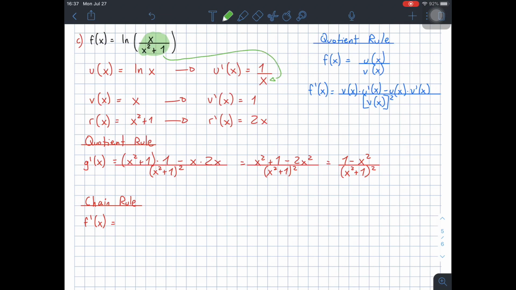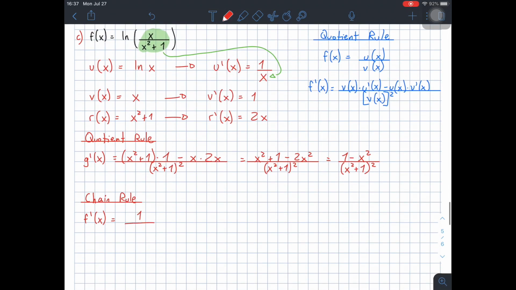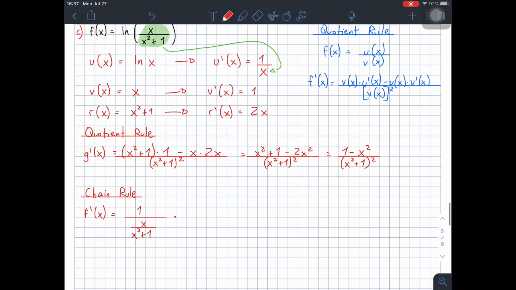So this is 1 over all of that, which is x over x squared plus 1. And this is multiplied by the inner derivative, which is what we just found, right? 1 minus x squared over x squared plus 1 and all of this squared.